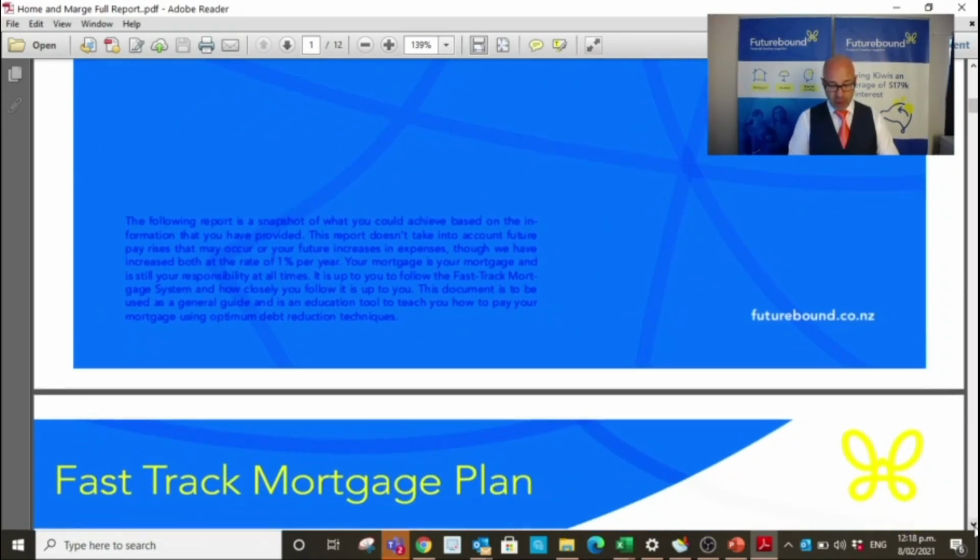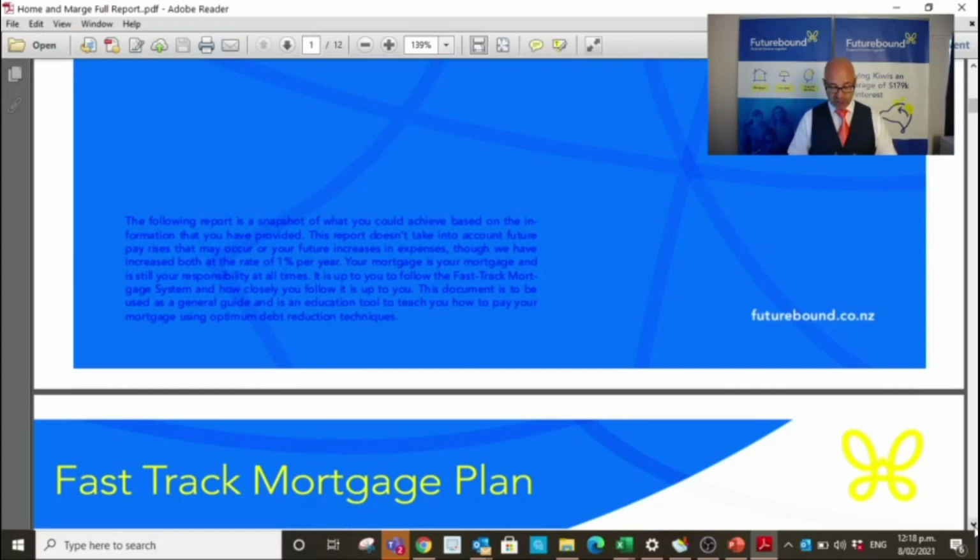So first of all, we've put this disclaimer on the front page which says the following report is a snapshot of what you could achieve based on the information that you have provided. This report doesn't take into account future pay rises that may occur or your future increases in expenses, though we have increased both at the rate of 1% per year. Your mortgage is your mortgage and it is still your responsibility at all times.